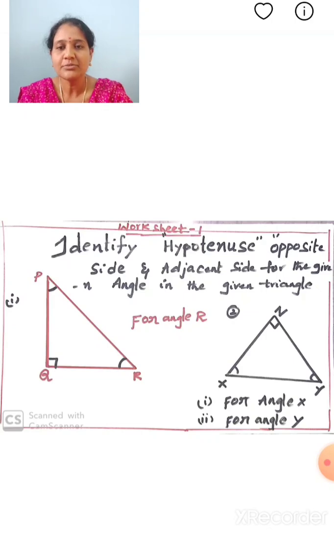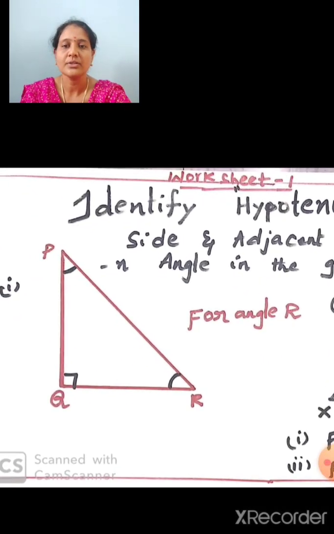In the first figure, PQR is a right angle triangle with the right angle at Q. Which is the hypotenuse first, children? First you have to identify the hypotenuse, because it's very easy to identify. The right angle is at Q, and the opposite to Q is PR.